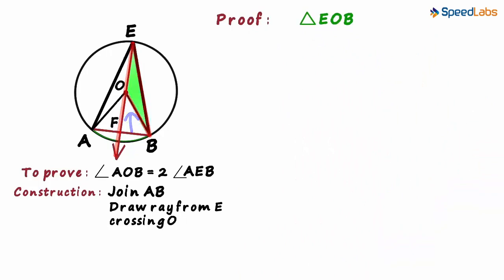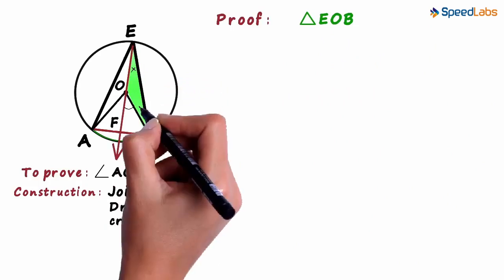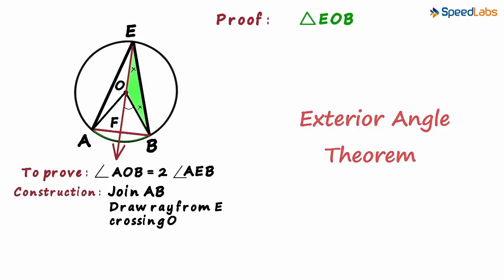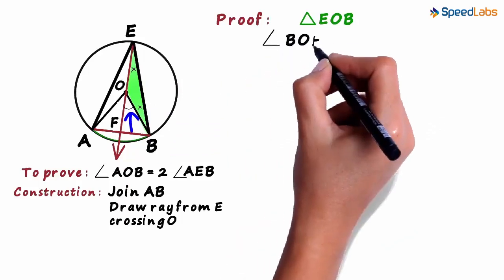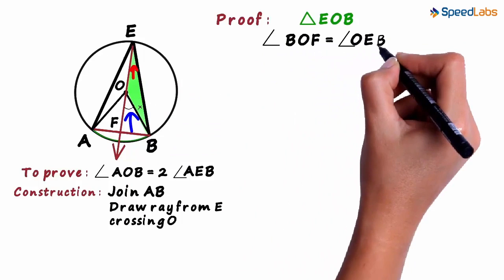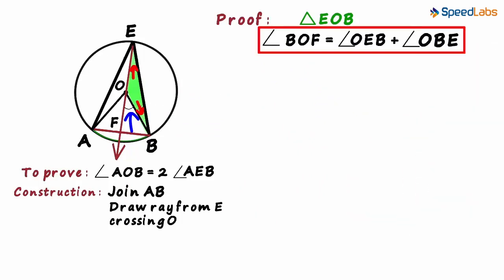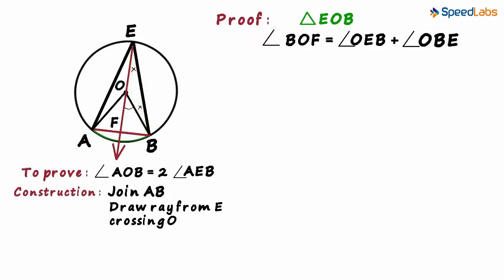Let's erase this. Now look at triangle EOB. Angle BOF is the exterior angle, and angle OEB and angle OBE are the remote interior angles. According to the exterior angle theorem, angle BOF will equal angle OEB plus angle OBE. This was our first result. Now let's focus on triangle EOA.